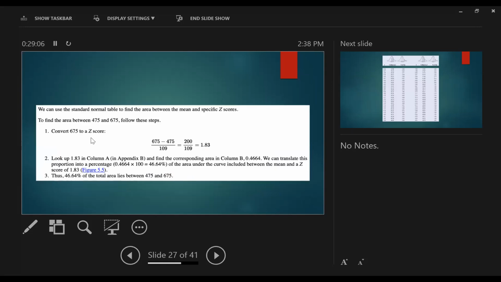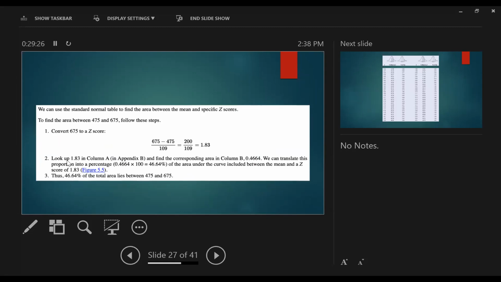Now let's take the same example from earlier, and I'm going to convert a score of 675. My mean, again, this was critical writing, was 475, standard deviation of 109. So this gives me 200 divided by 109, a z-score of 1.83.